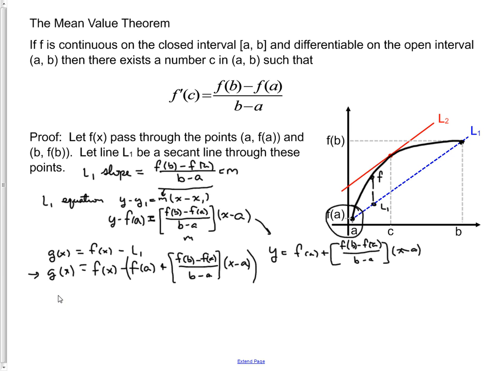Well, for one thing, I know that at x equals a and at x equals b, g of x will equal 0. How's that?